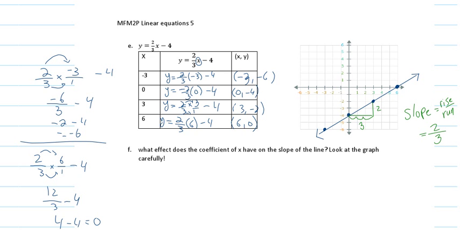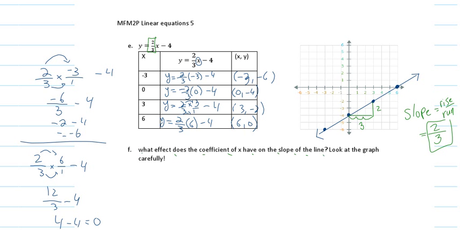Do you see this anywhere in your equation? Look at your equation. Yes. Where? The number before the x. The coefficient of x. So, what effect does the coefficient of x have on the slope of the line?